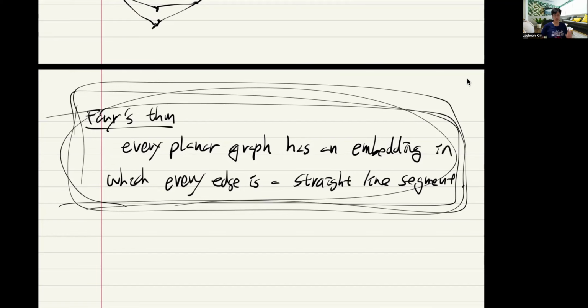Can we complete the coloring with four colors so that two countries sharing a border get different colors? That's related to the coloring of planar graphs. The coloring of planar graphs has been studied for quite a long time, and we will talk about that in the next lecture.